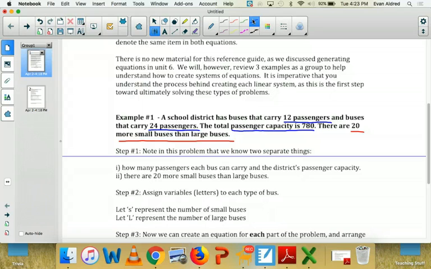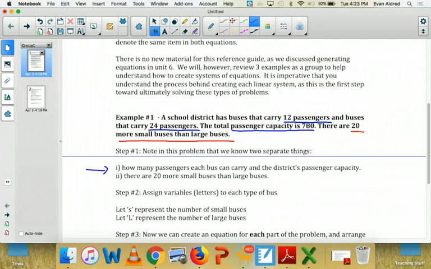So when we're setting up our systems of equations, the first thing that we need to do is just get a sense of what information we're given. And there will always be two types of information in these questions because we need to create two different equations. In this case, the first type of information deals with passengers.